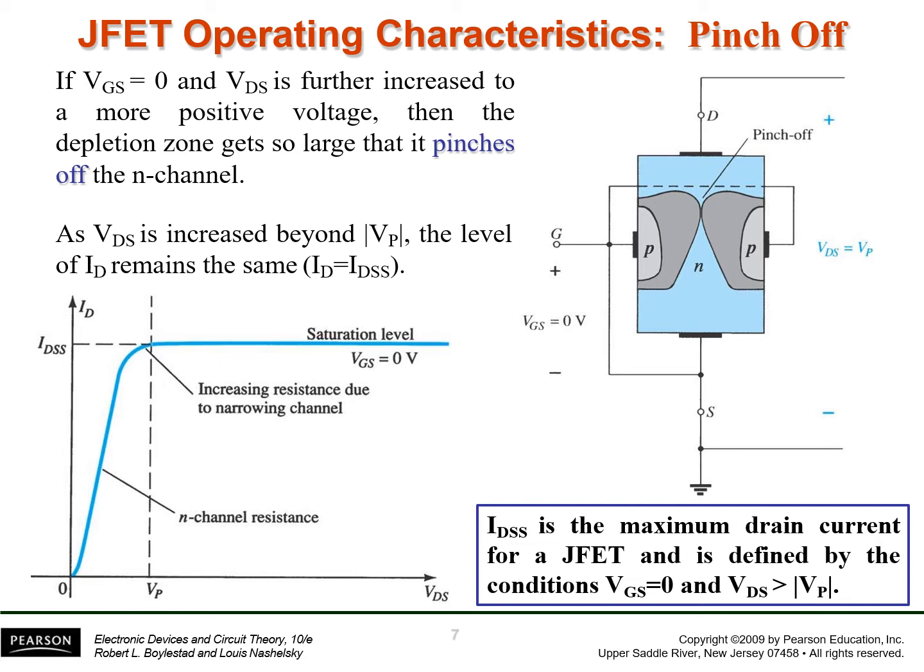Here also the phenomenon of the pinch off is explained, in which the VDS has increased up to a value equal to or more than VP. At that particular point, the ID value saturates to IDSS.